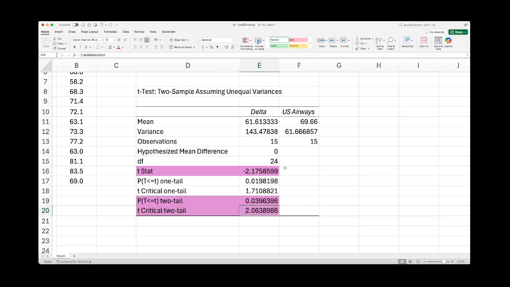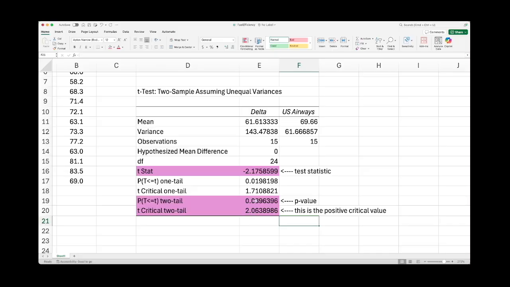This t-stat is the test statistic, and this P two-tail is the p-value for this two-tailed test. The next value says t critical two-tail. This is the positive critical value. Because it's a two-tailed test, we have two critical values. The other critical value would be the negative version of this.